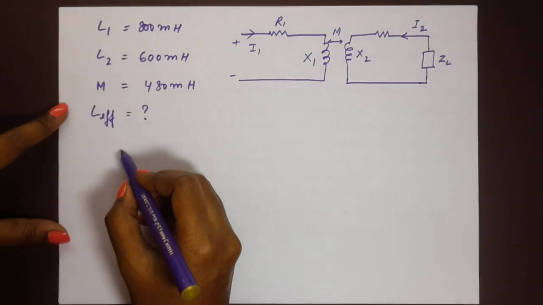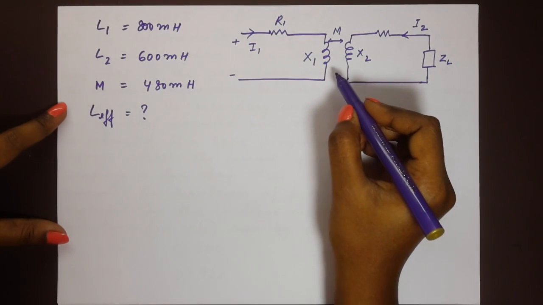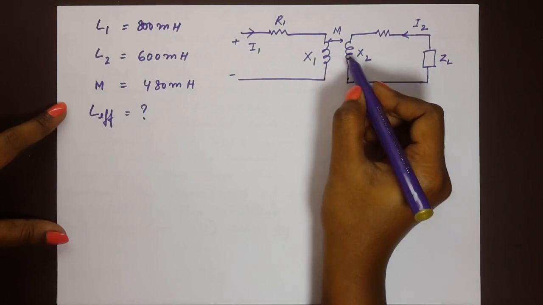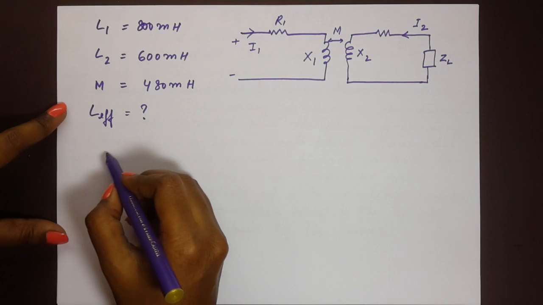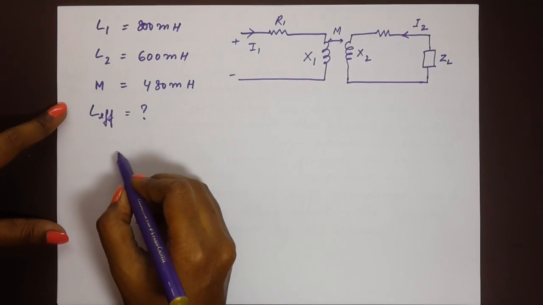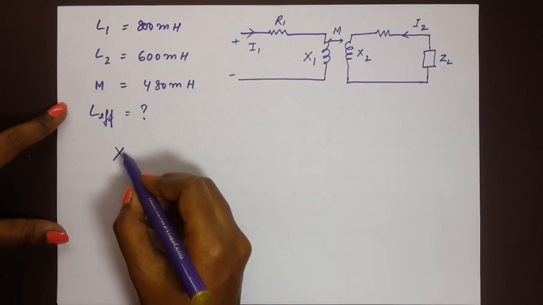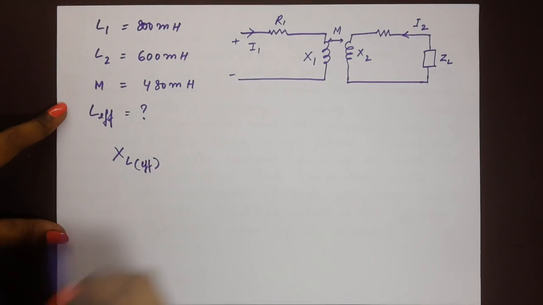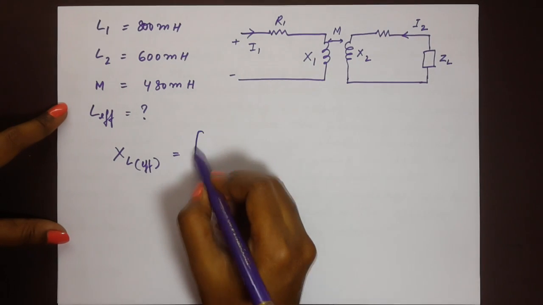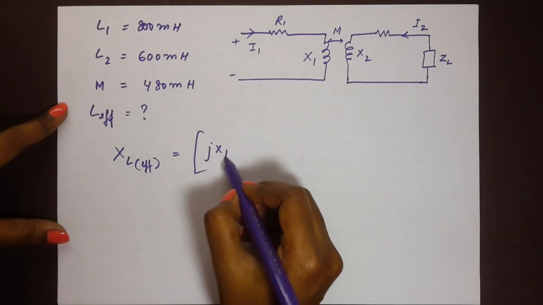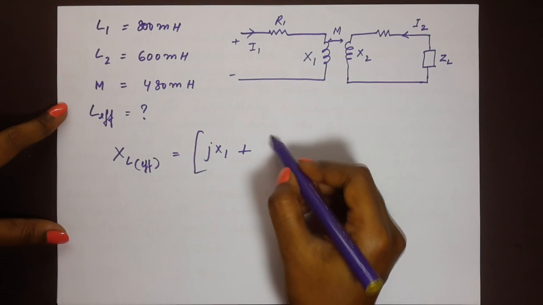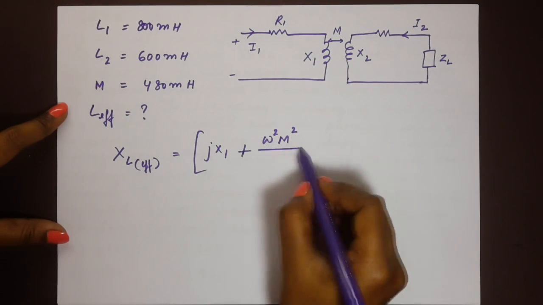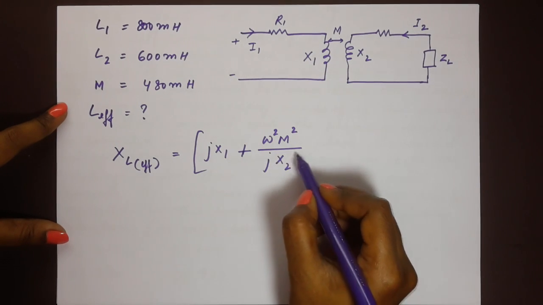So if we consider the inductance of the primary side, inductance of the secondary side and the mutual inductance between the two, we can write our expression as XL, which is effective, is equal to jX1 primary plus omega square M square divided by jX2.